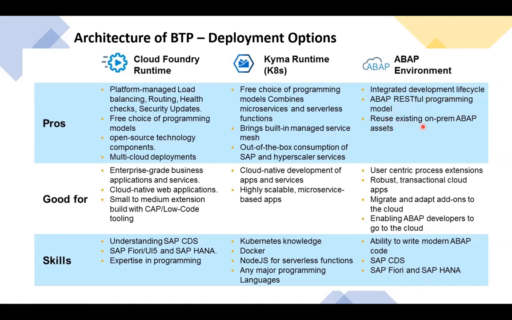If you see here, reuse existing on-premise ABAP assets, so we can establish connections between BTP ABAP and on-premise. So when we refer to ABAP on cloud, it's again the same ABAP on cloud.